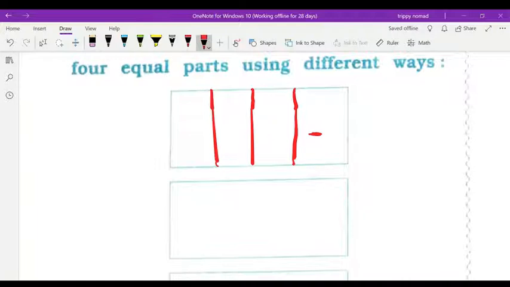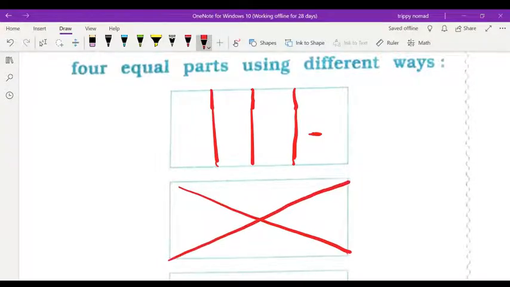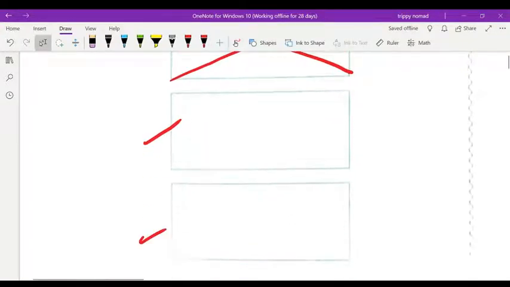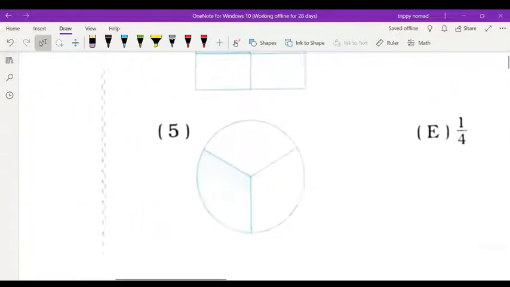Again I am telling you, in your paper if you draw roughly, then marks will not be given. And 4 equal parts, this is another way. With the help of the scale you can draw like that. These also give you 4 equal parts. I hope you understood. The remaining ones, this one and this one, you have to do yourself. You have to complete this.